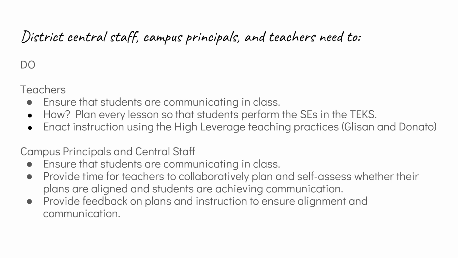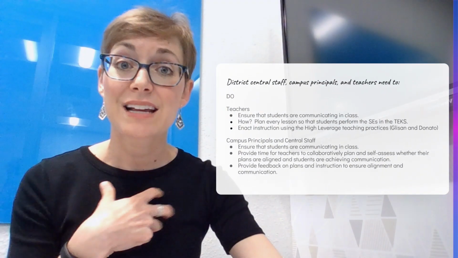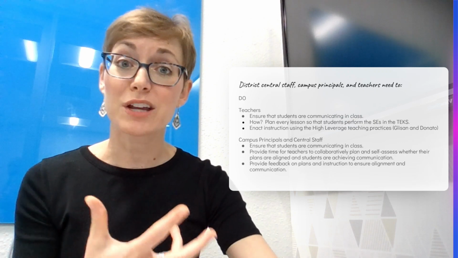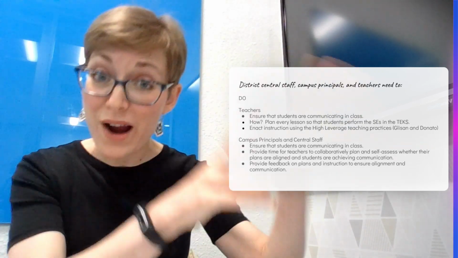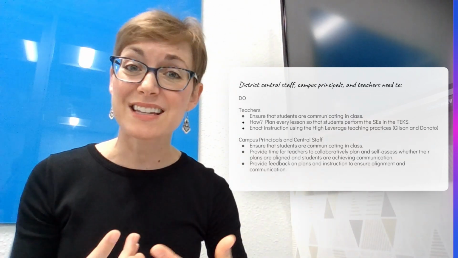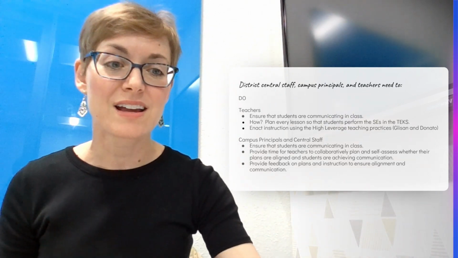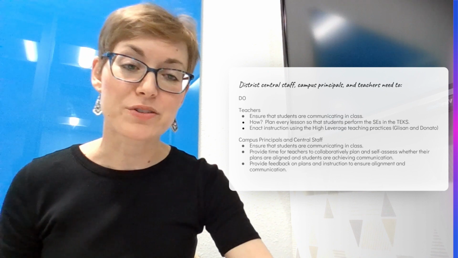And a teacher can very quickly run their lesson or their instruction through that definition to see if kids are communicating. So we need to build that practice. And administrators, you need to be able to walk into the classroom and see whether kids are actually communicating or just practicing language parts. And if they are practicing language parts, let's get the teacher the support that we need so that they can help their students communicate in the target language.